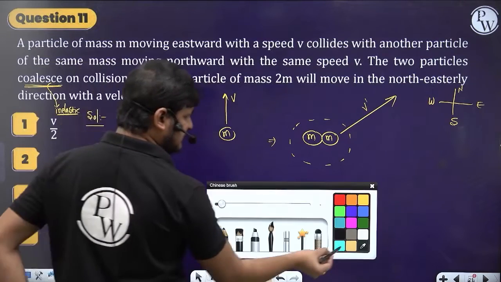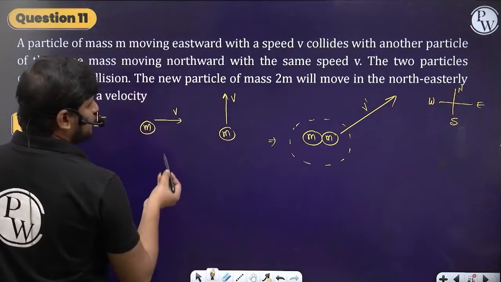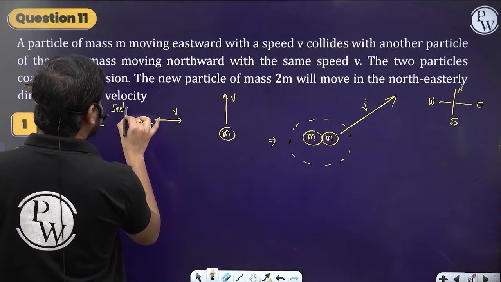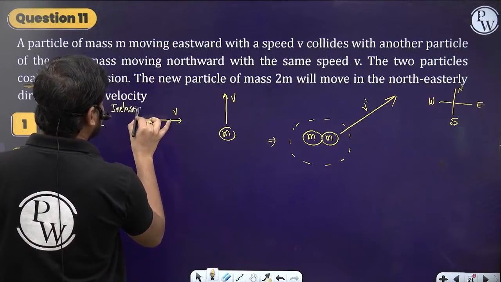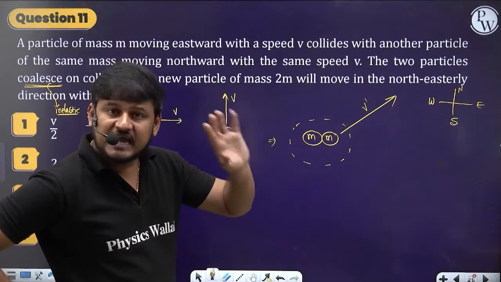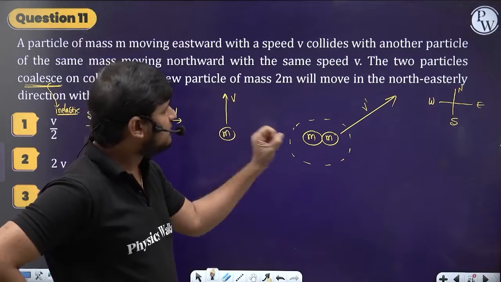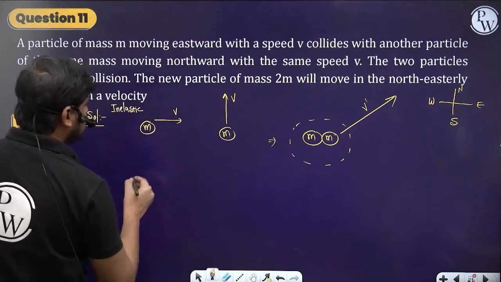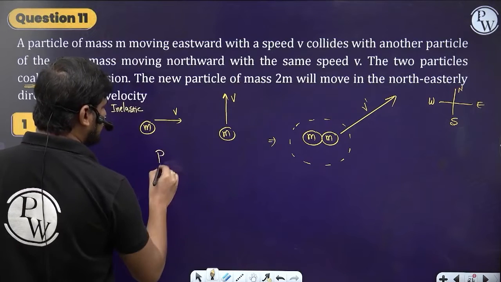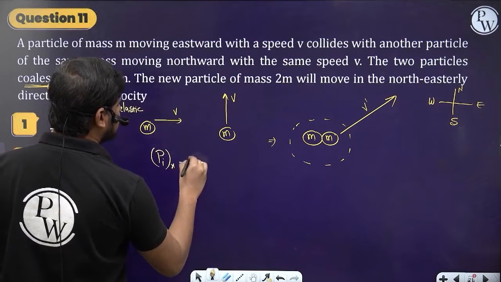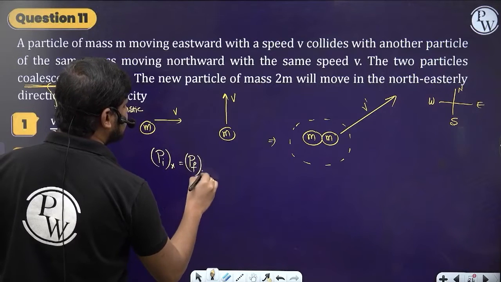So the first thing is, the collision is inelastic, but it is an inelastic collision in 2D. However, how did we do the questions related to the elastic collision in 2D? The same concept you can apply: the conservation of momentum. See, I can say that the initial momentum in the x direction equals the final momentum in the x direction.